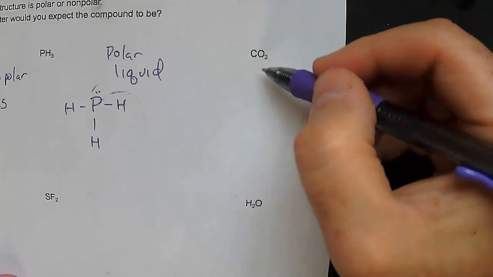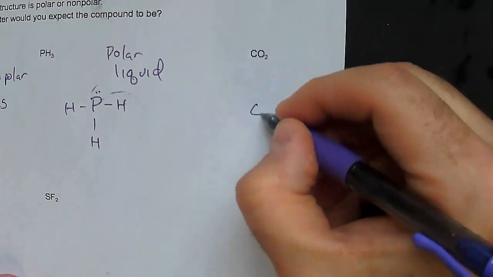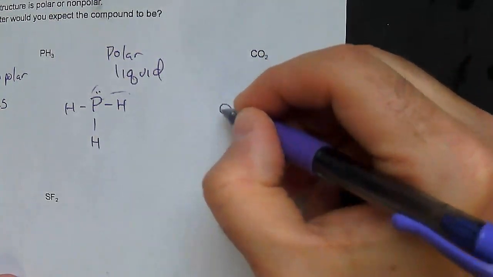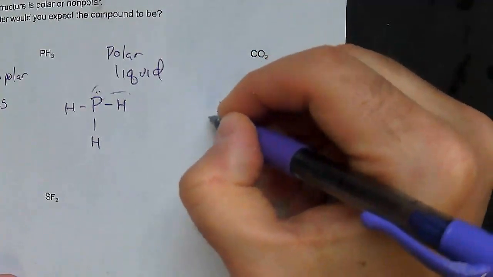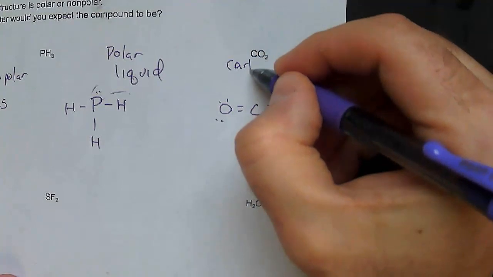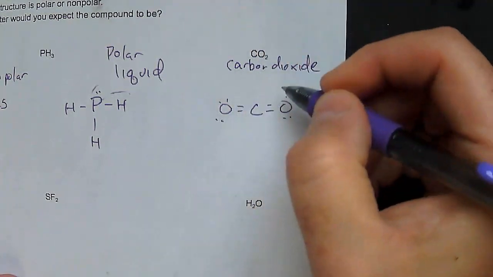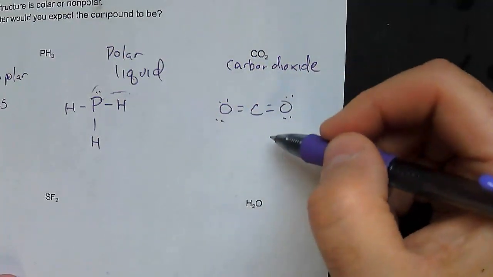Okay, CO2, carbon dioxide. Just to give you an idea, we can go through the whole list of things that we can do for this. We can name this carbon dioxide. We can give the Lewis structure.